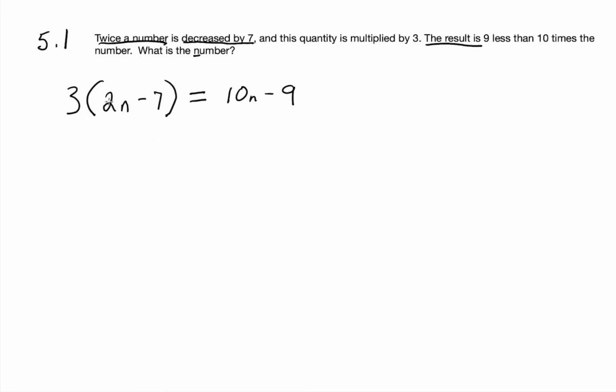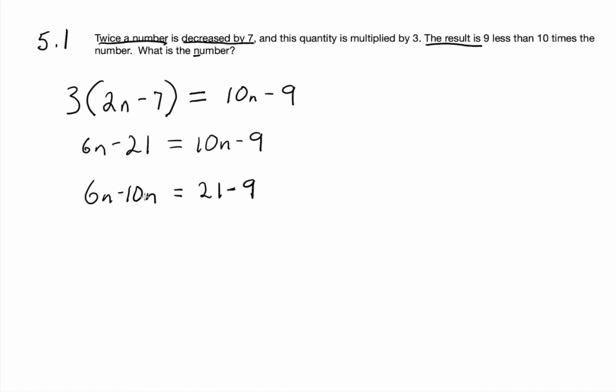So let's distribute. 3 times 2n is 6n. 3 times negative 7 is negative 21. Now we can change sides, change signs. So we changed the side of this.